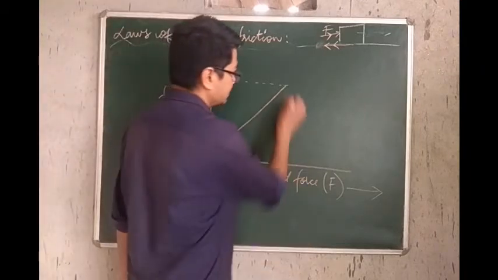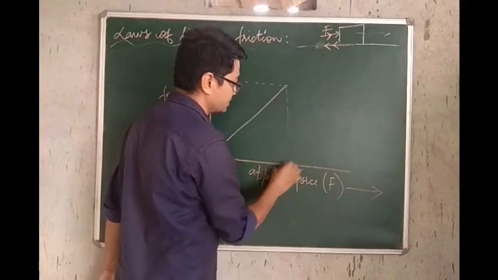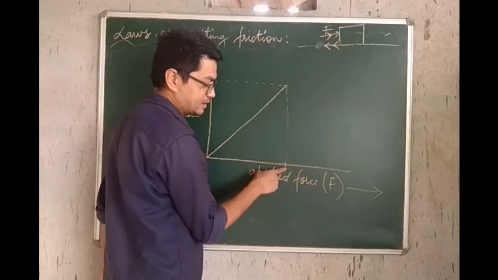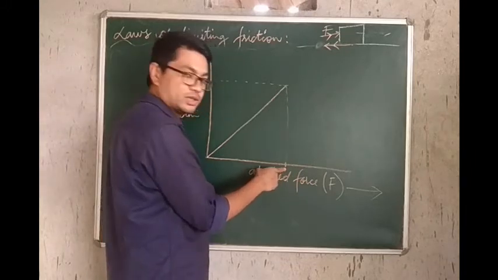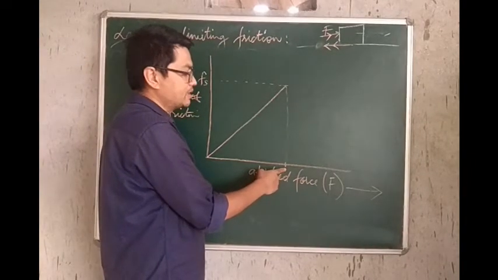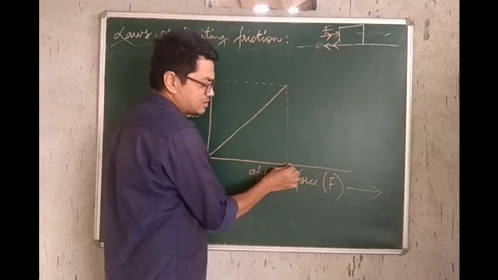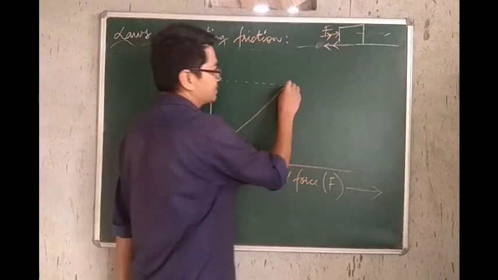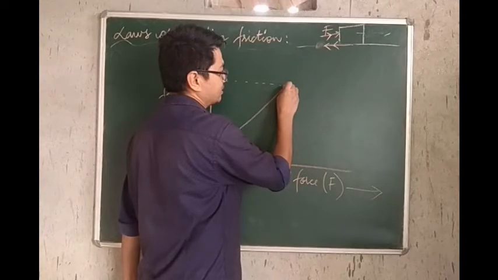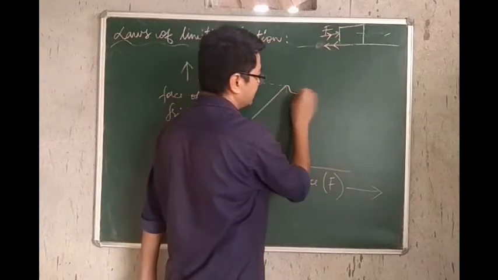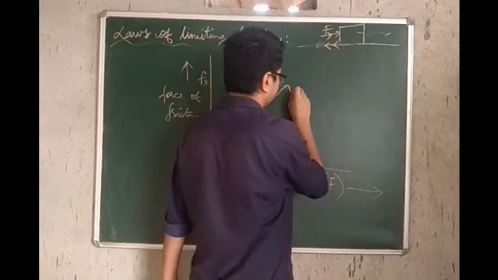Up to here, you're applying a force such that the body is on the verge of movement. Now, you increase the applied force just slightly, the body starts moving, and then we talk about kinetic friction.